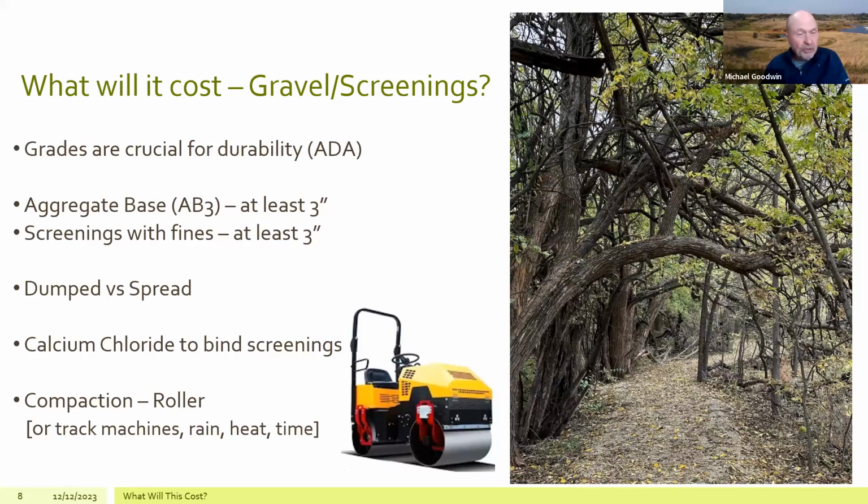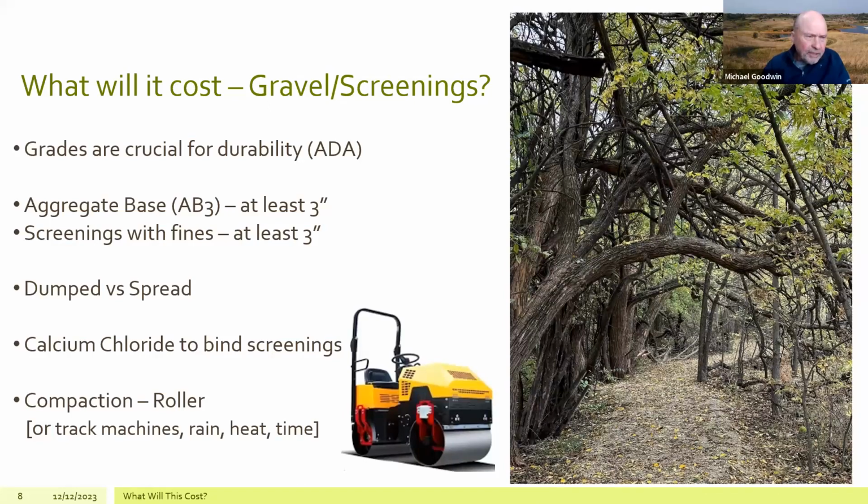And so, in other words, you're going to have to do some engineering and some ground preparation to get those grades to be sustainable. And also for ADA access, you want to be sure that the grades are within the guidelines for ADA, which I think Jeff talked about in the first webinar we did this fall.